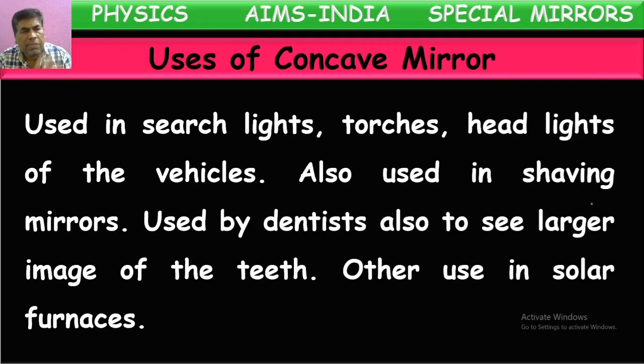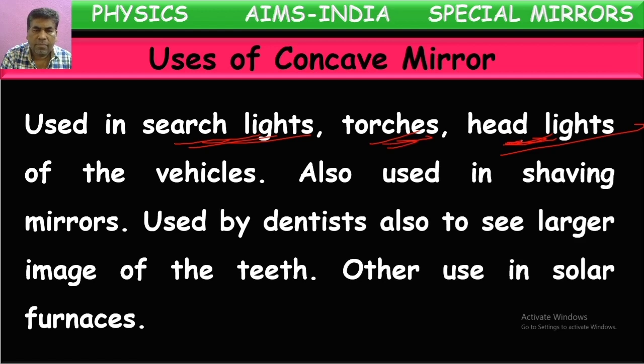So because of these properties, as the image is formed at infinity, or as the image is becoming enlarged, this nature is used in making searchlights, torches, and headlights in some vehicles also.